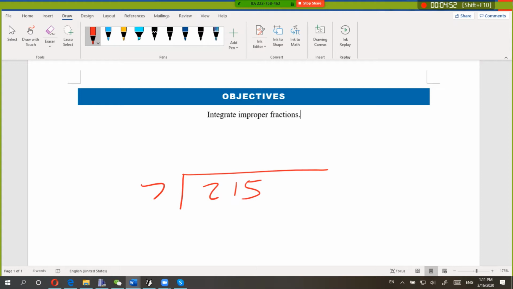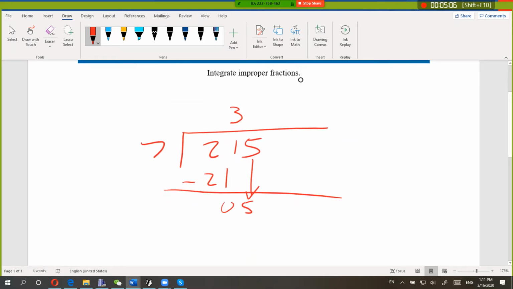So 7 does not go into 2, but 7 does go into 21 3 times. 7 times 3 is 21, so I subtract 21 to get 0, and then I can bring down the 5. 7 does not go into 5 evenly, so this is 3 plus 5 over 7 for my remainder, or 215 divided by 7 is the same thing as 3 is 21 over 7, so this would be 26 sevenths.